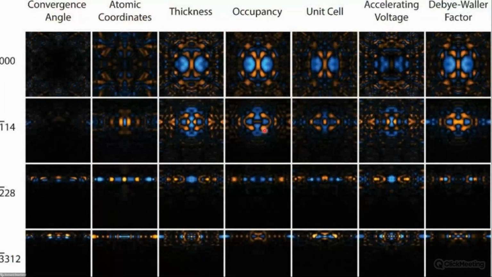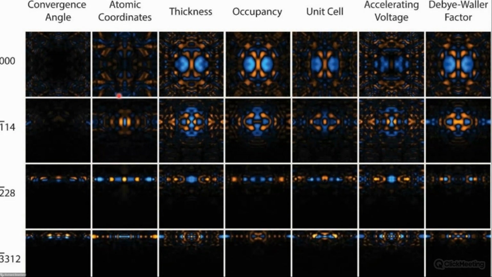And what effect does it have? Here we have a set of difference images for different reflections. So this is your direct beam, a 114, a 228, and a 3312. I think this is from sapphire.